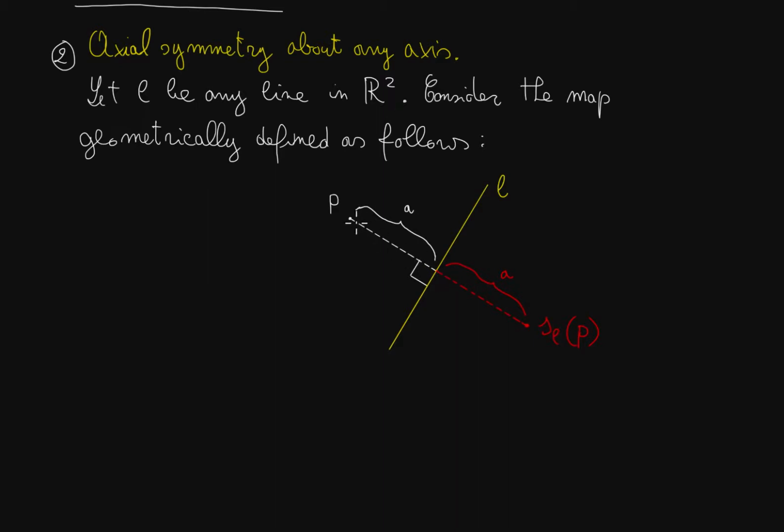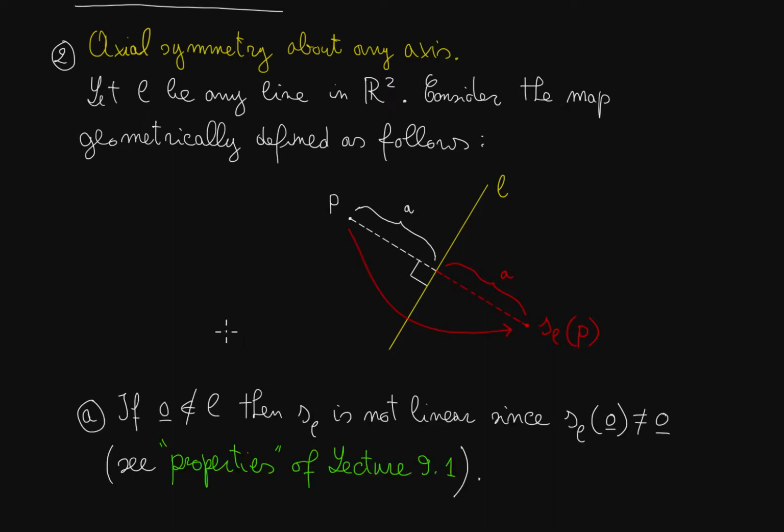We take the line, that is the normal line, to L passing through P, and at the same distance A from the projection of P to L, but on the other side of the line L, we find a unique point, which we'll call SL of P, and this is the image of P through the axial symmetry about the L axis.